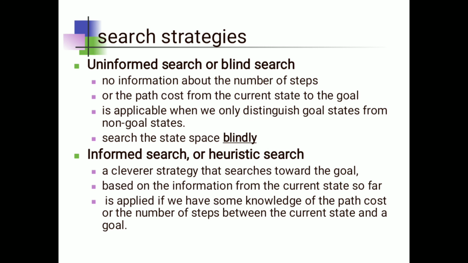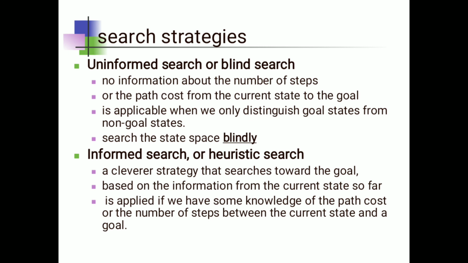Then the next technique is called the informed search or heuristic search. In this technique, a cleverer strategy searches towards the goal. Compared to the uninformed search, this strategy is a clever strategy which searches towards the goal based on the information from the current state.